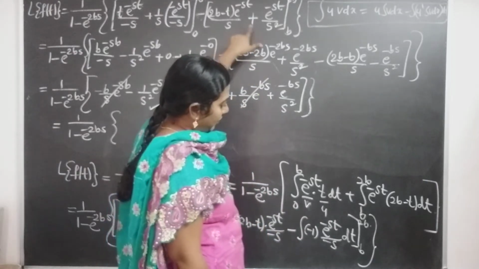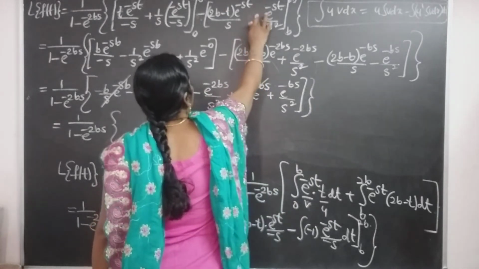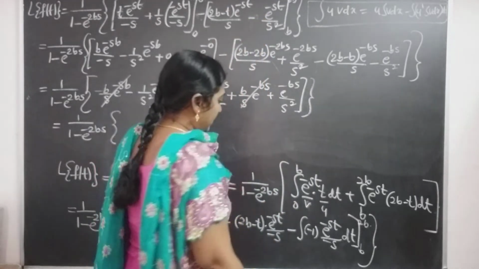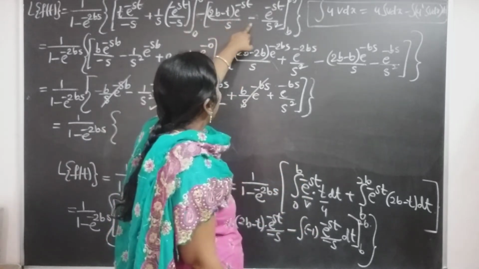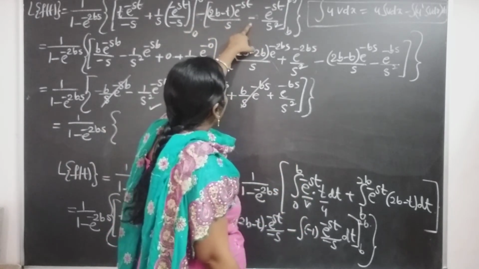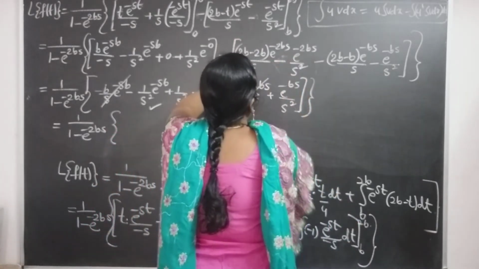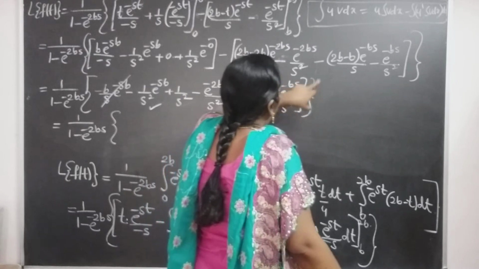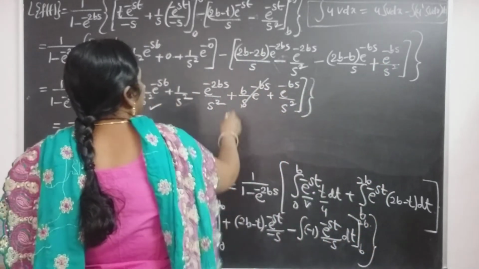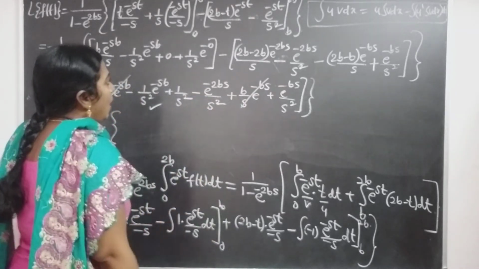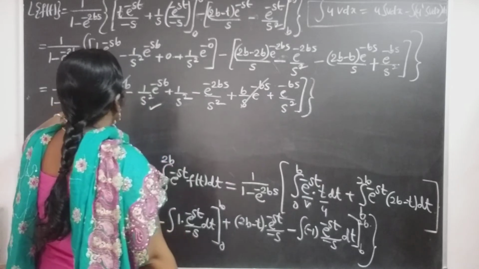Again integral e power minus st integration is minus. Why? Because minus is taken outside, again minus will come. Okay, here upper limit minus lower limit. Upper limit minus into minus plus lower limit. Here it is equal to minus bs.